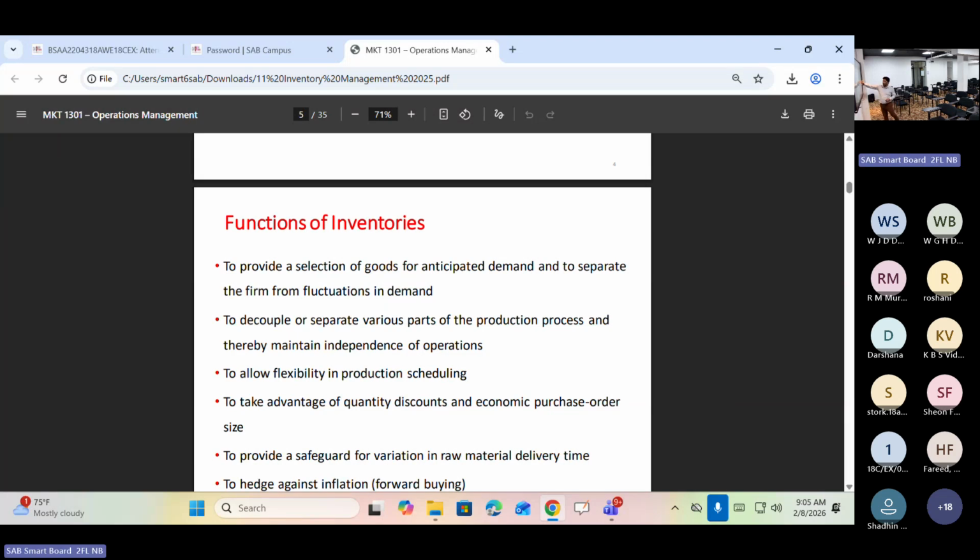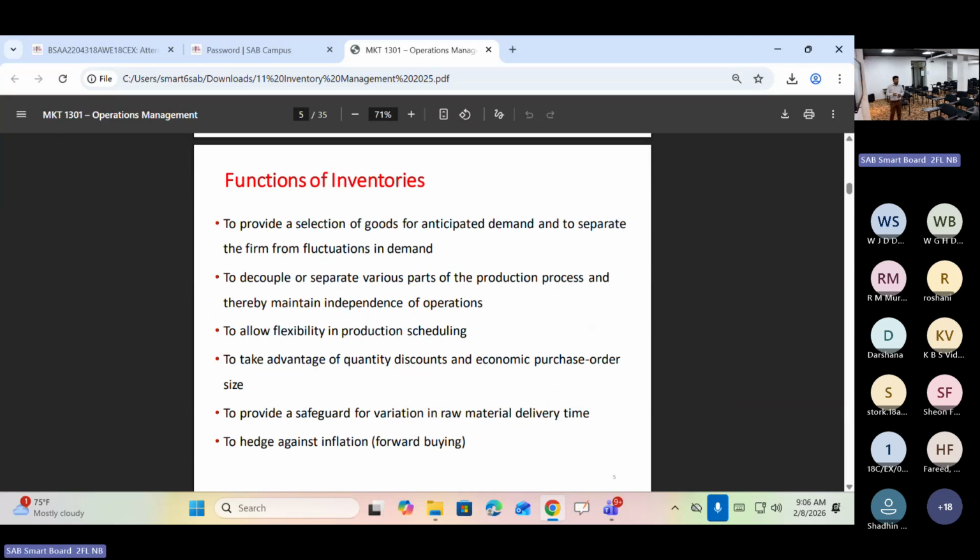Then, coming to the main part of our discussion: for what purpose are inventories maintained? We call them the roles of inventories. Or in other words, what are the functions of inventories of various types? What would an operation system expect, what would a business expect from inventories? We call them the functions of inventories.